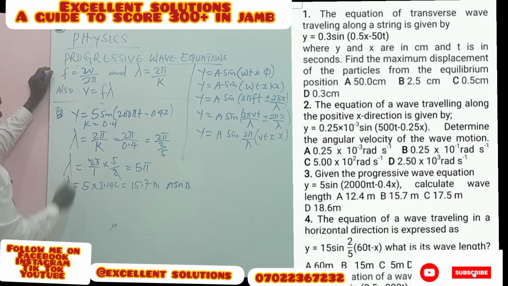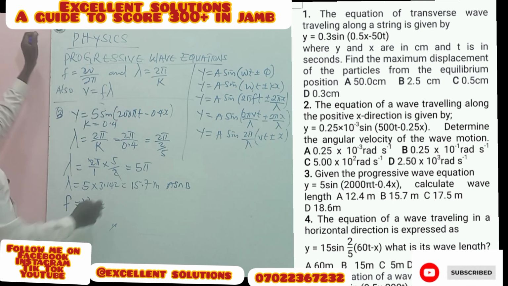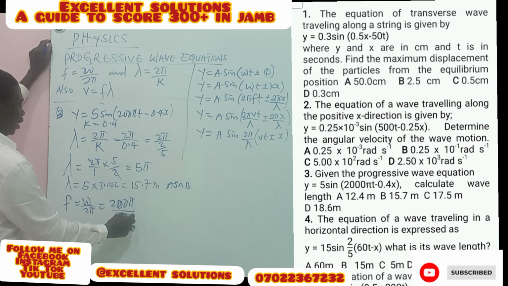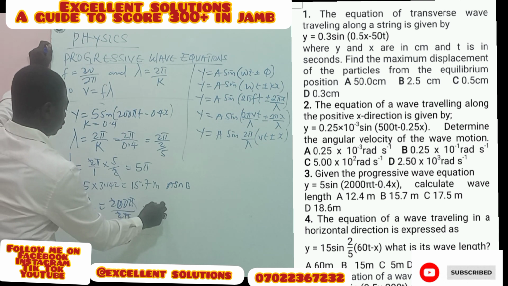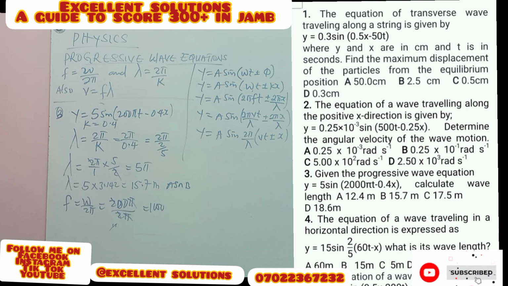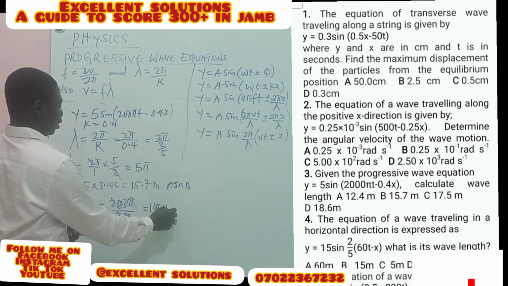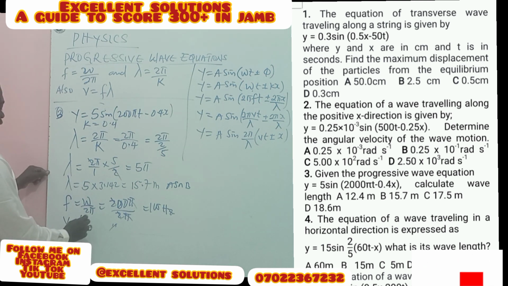So if we are looking for the frequency, f equals omega upon 2 pi. So this now leaves us with 200 pi upon 2 pi, and this now becomes 100 hertz, and the velocity v equals f lambda.